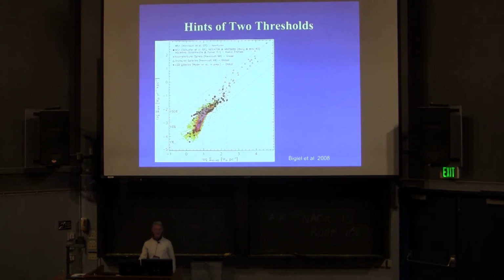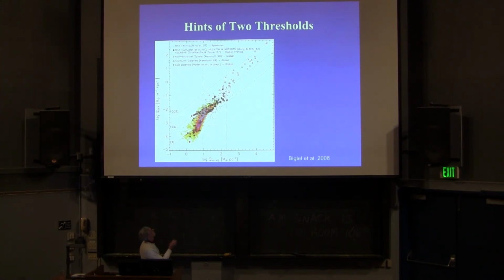So this is a hint that there are two thresholds going on. This is actually a plot from Bigiel's paper, in which they plot against the total mass of gas, hydrogen, atomic and molecular. You see this transition here, which is a transition from atomic to molecular dominated, and I think there's not much question about that.